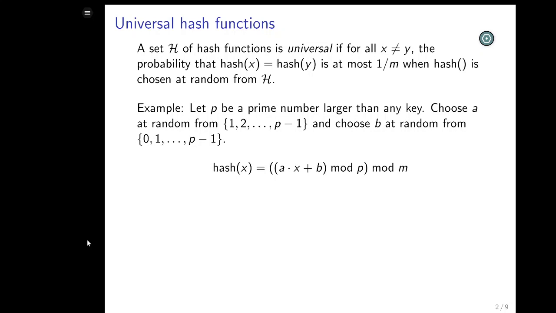Yep? So yes, but hash x equals x. Oh, you mean just hash it to itself? Well, again, you better not have more items that you're hashing than the size of your table, because it can't be a function that doesn't map onto the m slots in your table.